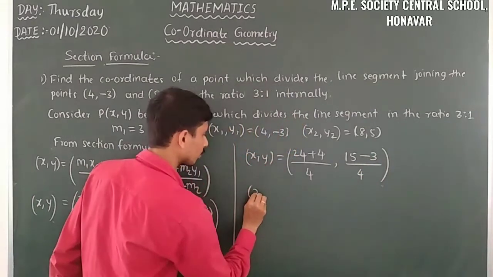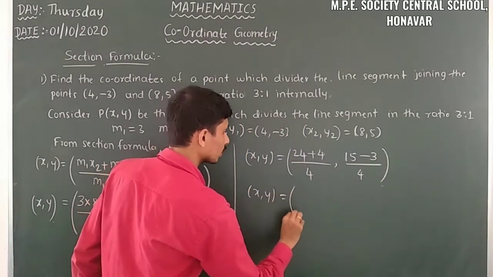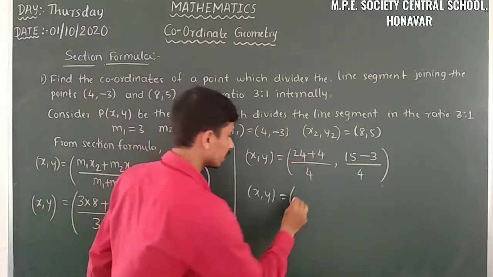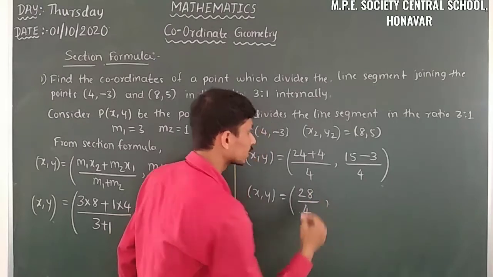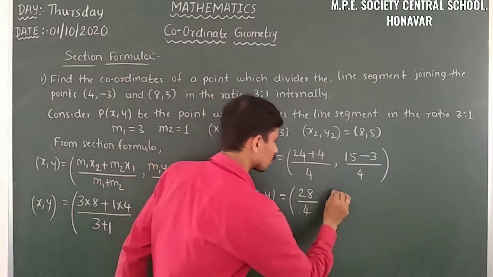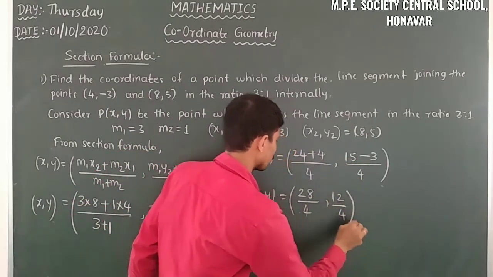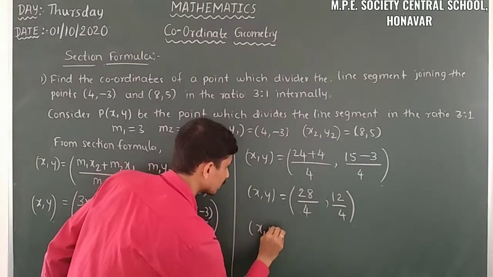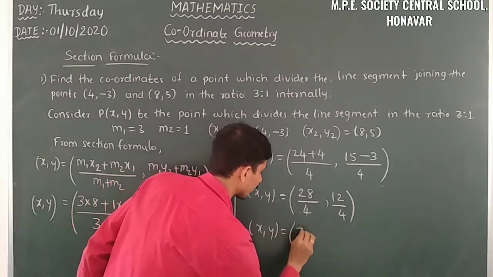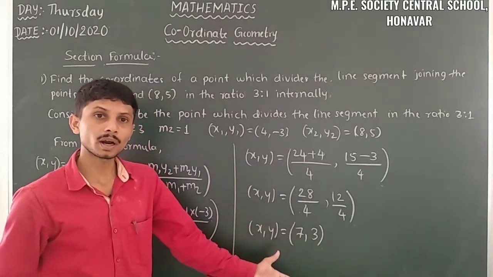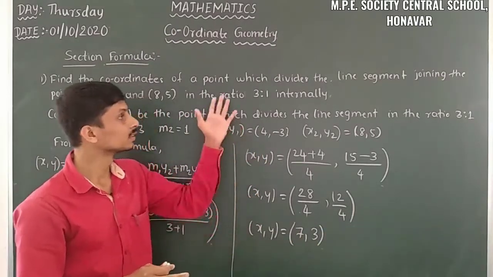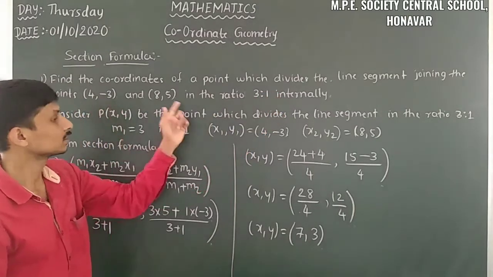So x comma y is equal to 24 plus 4, 28, divided by 4, then 15 minus 3, 12, divided by 4. That is x comma y is equal to 7 comma 3.